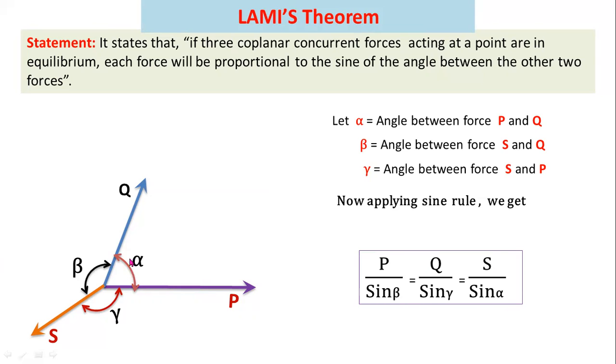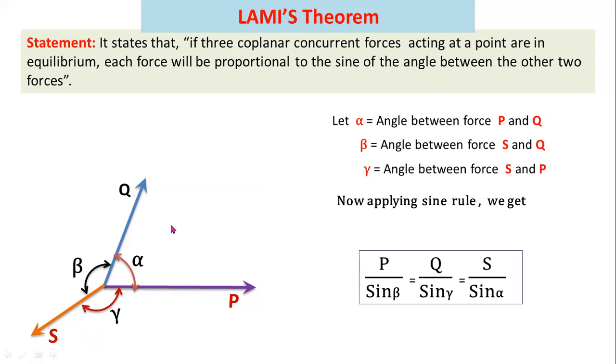From this diagram you can observe force is always directly proportional to the sine of the angle between the other two forces. Here this is the force P, these are the other two forces, so the angle between the other two forces is beta. So force P divided by sine beta. In a similar way, Q is the force and S and P are the other two forces. The angle between the other two forces is gamma.